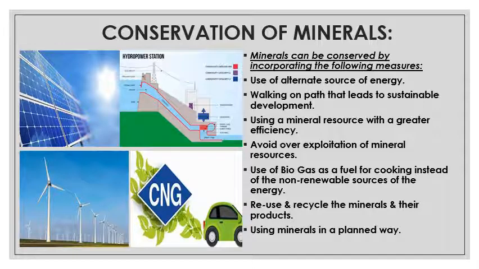Now we can see the development of that road, but there were so many trees on both sides of the road. For the cost of the development, we have lost so many trees. So this is not sustainable development. We should walk on a path that leads to sustainable development.